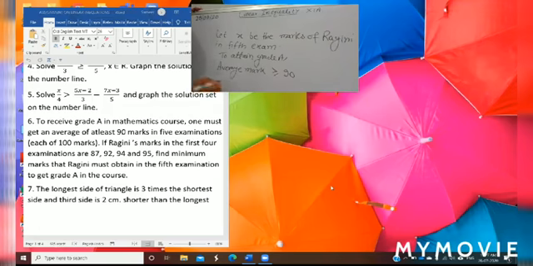So if you're taking the average of that, how are you finding the average? Means sum of all the marks upon 5, because here you have 5 examinations.